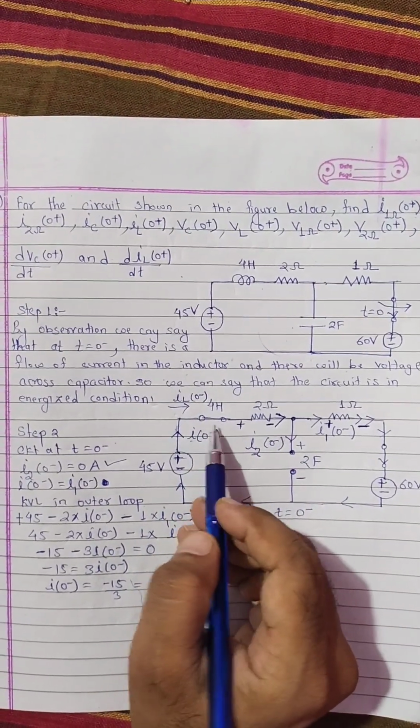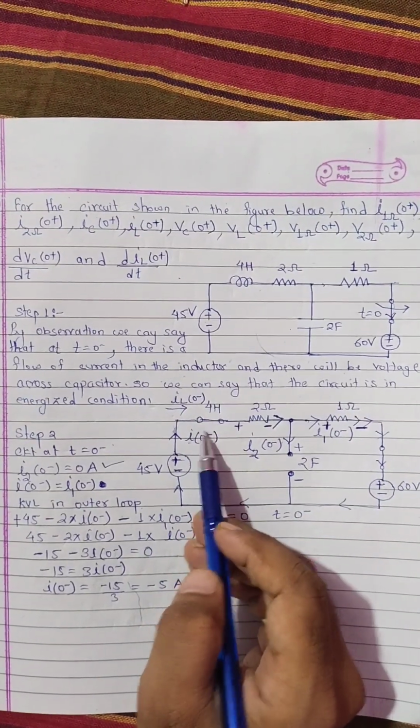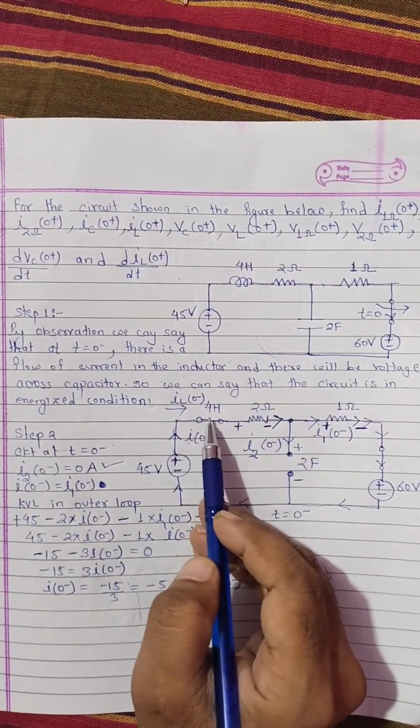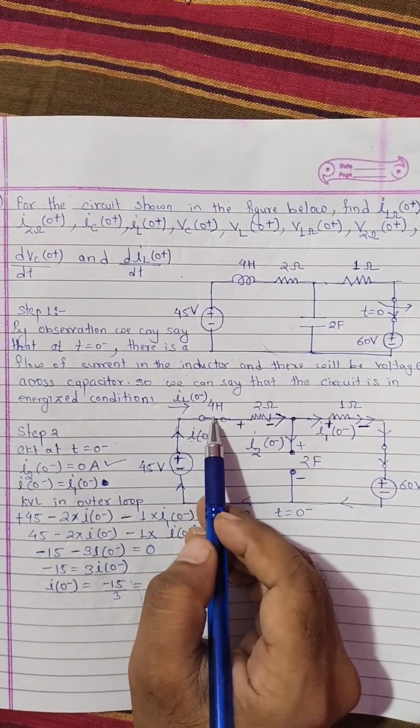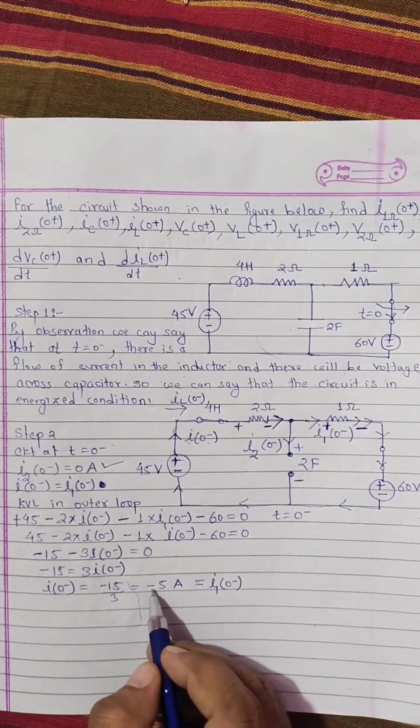Since at t equals 0 minus the energized inductor is replaced by a short circuit, but physically there is an inductor. In this inductor there is a flow of current I0 minus, and I0 minus is minus 5 ampere.